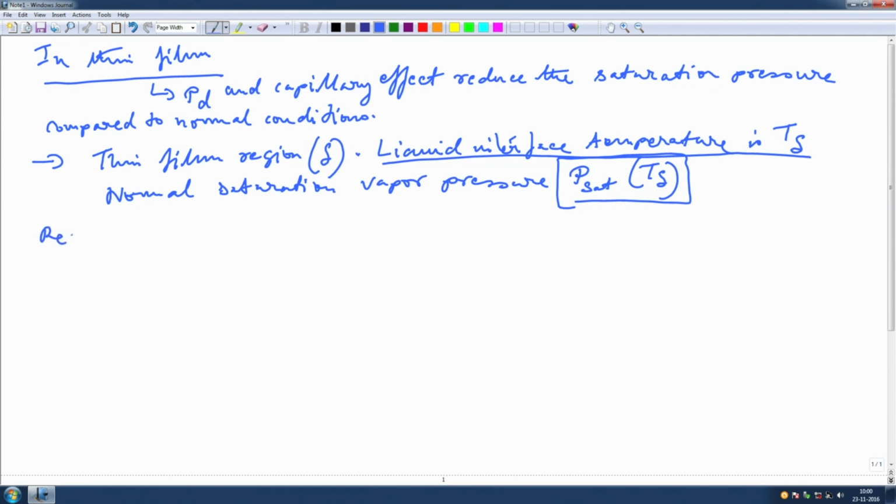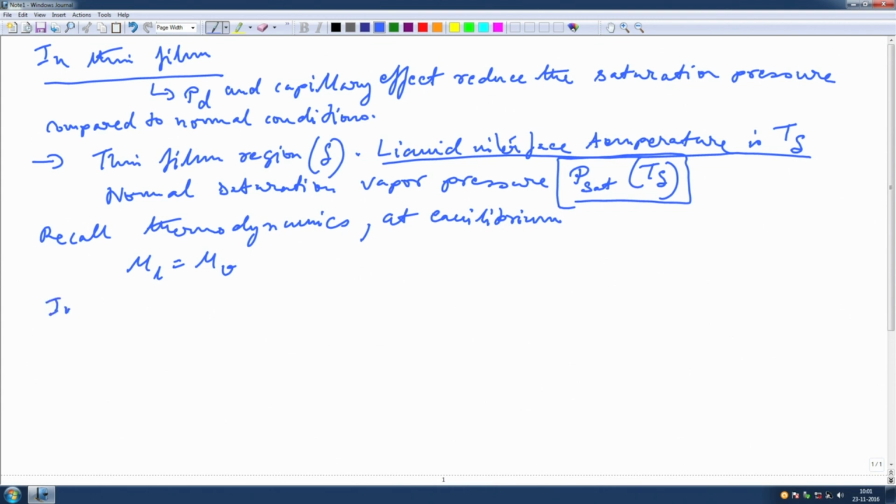Recall, if you do a little bit of recall of your thermodynamics, at equilibrium, remember we are only talking about equilibrium over here, we are not talking about a receding or an advancing liquid front, mu L is the same as mu V. That is what we proved earlier, at equilibrium. So the chemical potential of the liquid and the vapor phases should be the same.